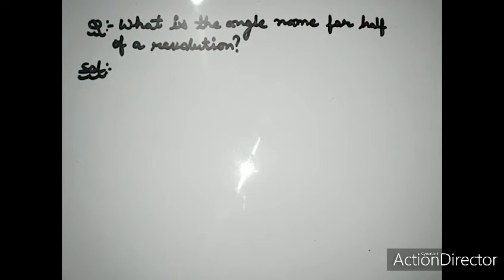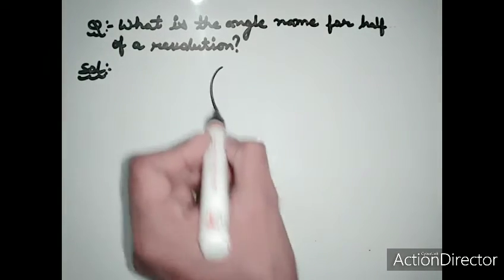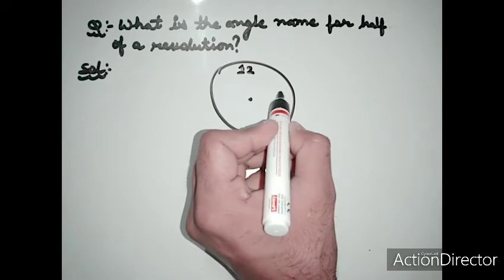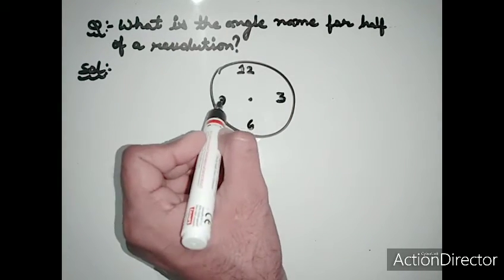Right. Now here we make a figure also, related to this question. And what we do here, first we draw a figure of a clock, right? Now 12, 3, 6 and 9.